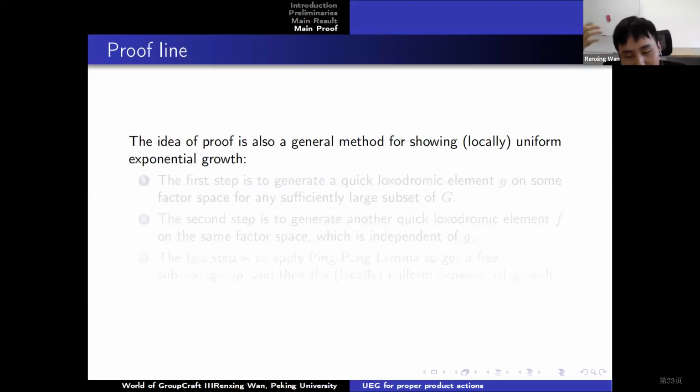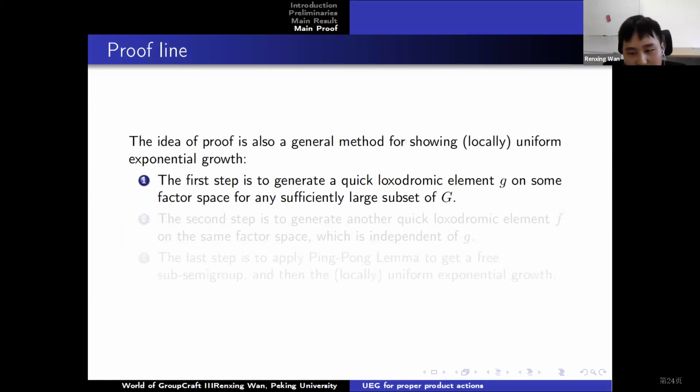Okay. The first step is always to generate a quick logarithmic element G on some factor space for any sufficiently large subset. Notice that if you just want to show uniform exponential growth, then you can replace the sufficiently large subset by a sufficiently large ball in the Cayley graph.